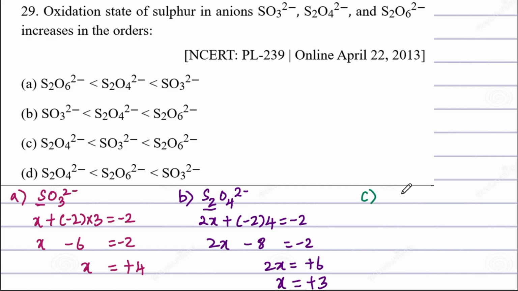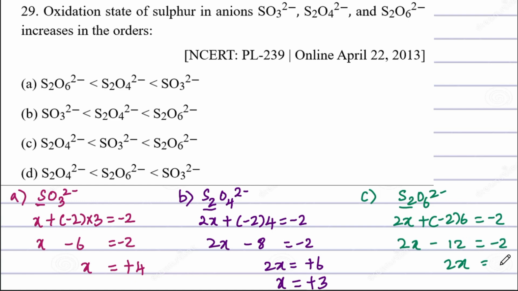Next compound is S2O6 2 minus. 2x plus -2 into 6 equal to minus 2. 2x minus 12 equal to minus 2. So 2x is equal to, when minus 12 goes to the other side, it will become plus 10. So the value of x is equal to plus 5. So 10 divided by 2 is plus 5.